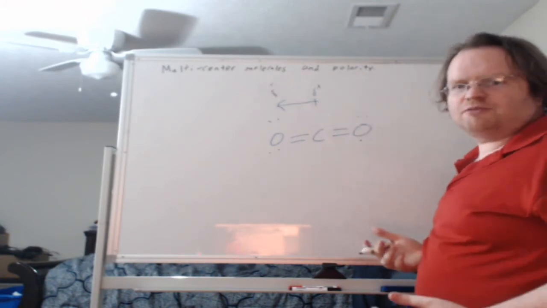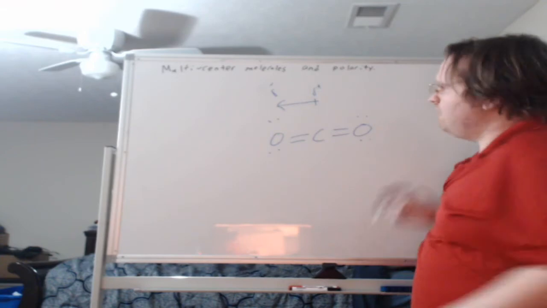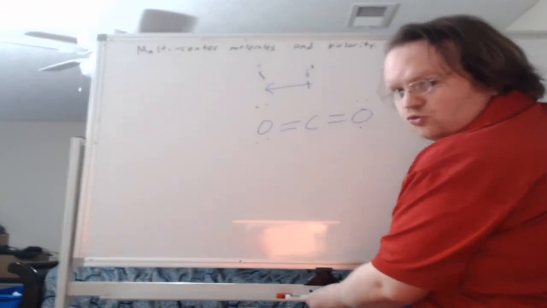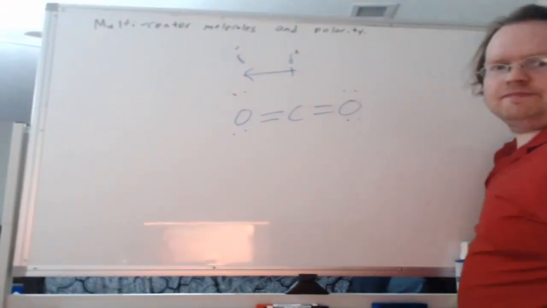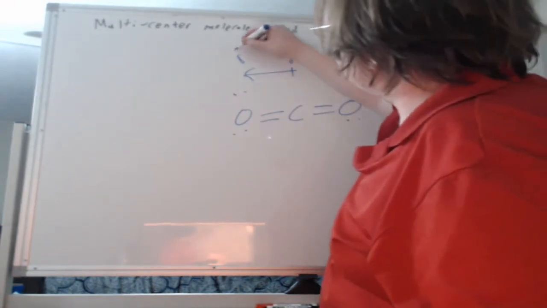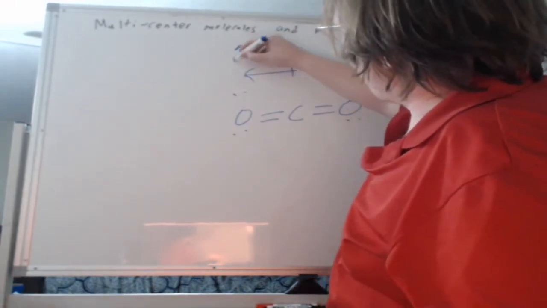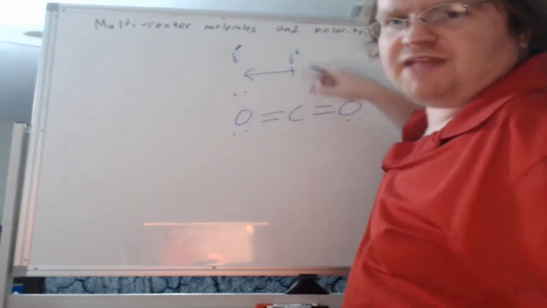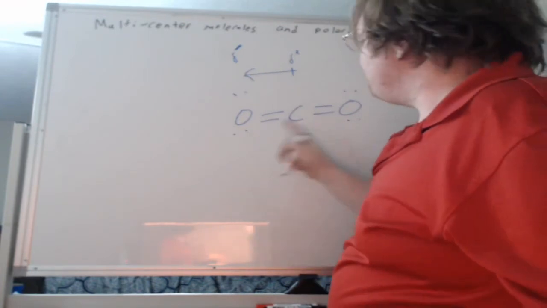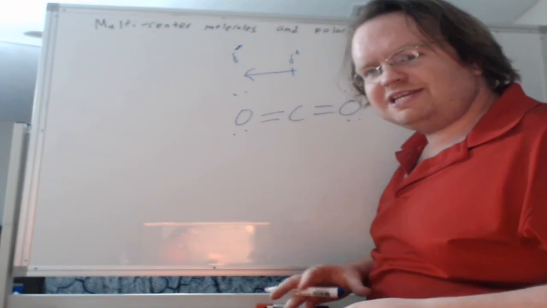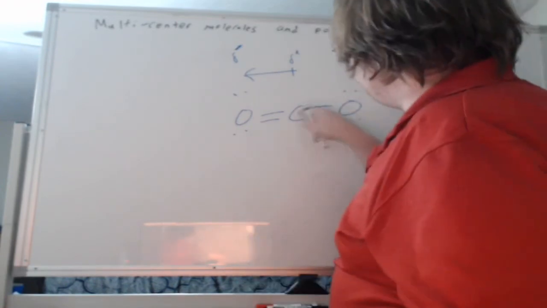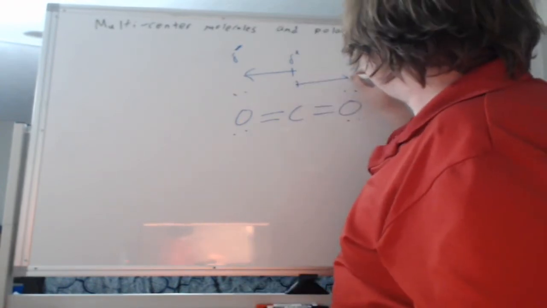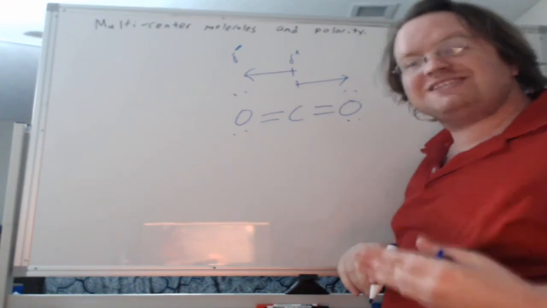So by itself, you might go, oh, of course, if this is a partial negative and this is a partial positive, that looks polar. And by itself, this bond is a polar bond. But what's important is it's not by itself. This carbon-oxygen bond does the same thing, but in the opposite direction.